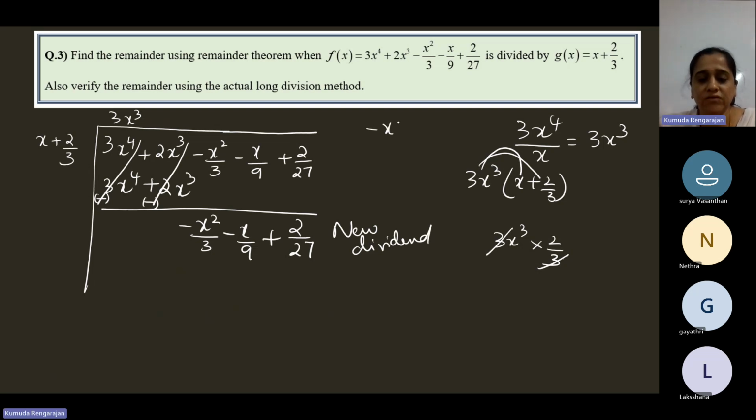Divide the first term of the new dividend by the first term of the divisor. Minus x squared by 3 divided by x, correct?